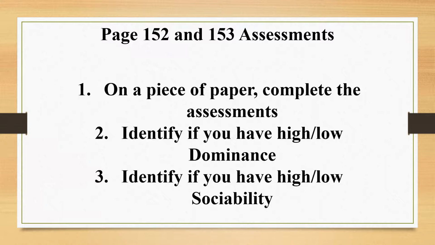If the majority of your check marks are on the right side of the center line, then you're more on the dominant side. Versus the sociability, on the left side, you're on the lower end of sociability, and more on the right of center, then you're going to be more sociable.